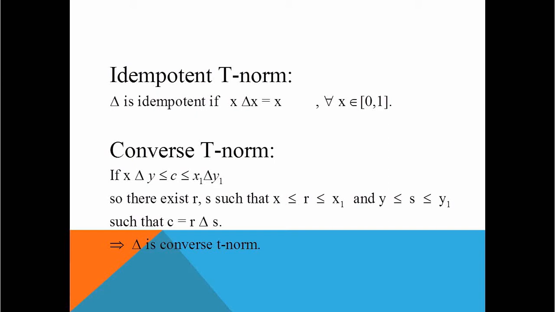Next is converse t-norm. Converse t-norm has some definitions. One of the definitions is here.